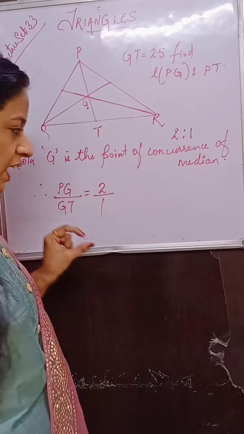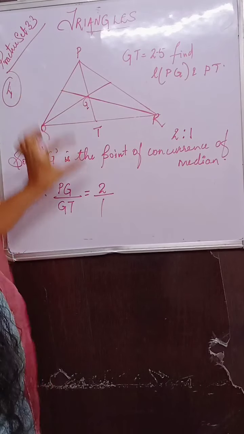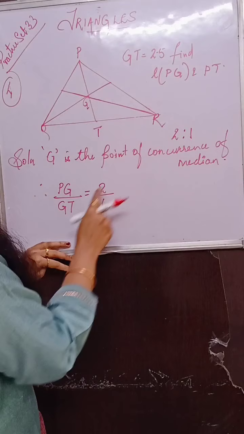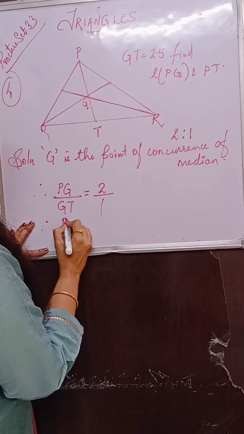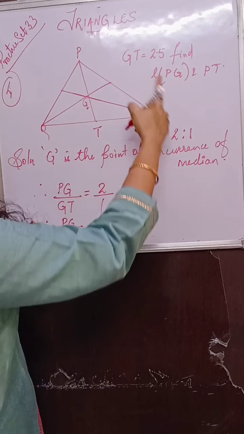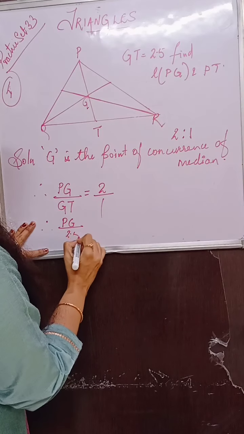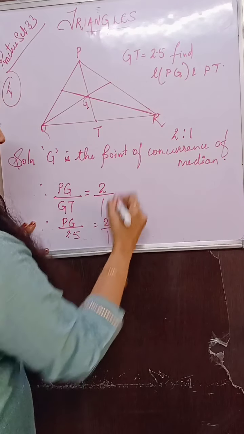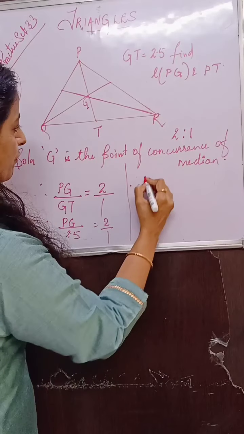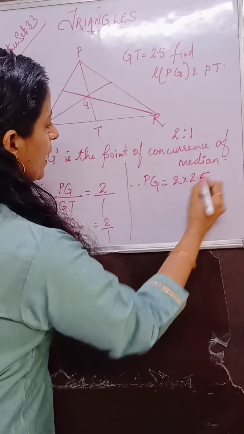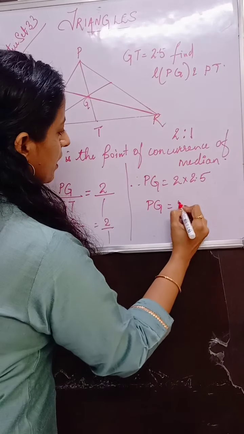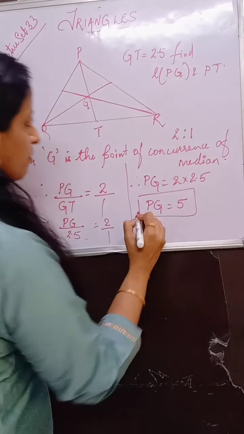This is the property, right? PG upon GT is equal to 2:1. Now out of this we know GT. Okay, after this step write that therefore PG upon GT is given as 2.5 is equal to 2 upon 1. Cross multiply, therefore PG is equal to 2 into 2.5. PG we got 5. Put it in a box.